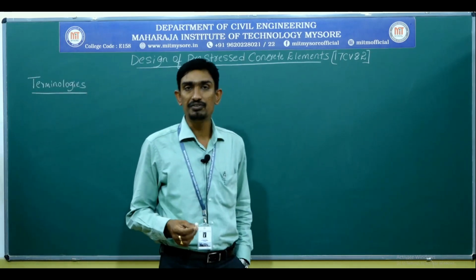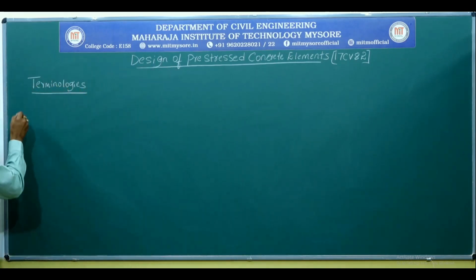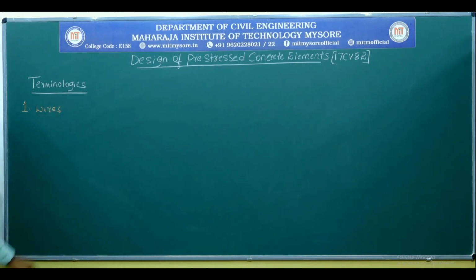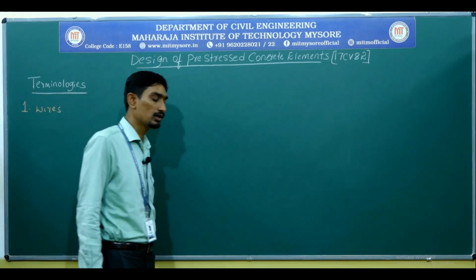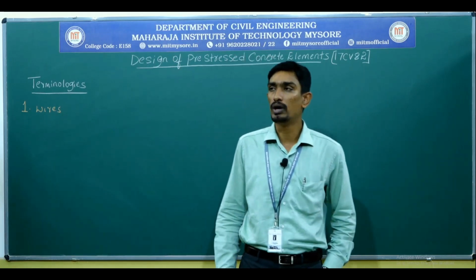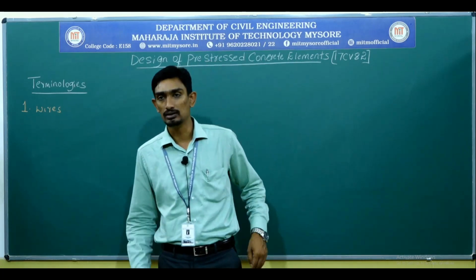The first terminology, and I always use this word, is wires. Here, the majority of the time I am going to use wires of so-and-so diameter. So what is the meaning of wire?